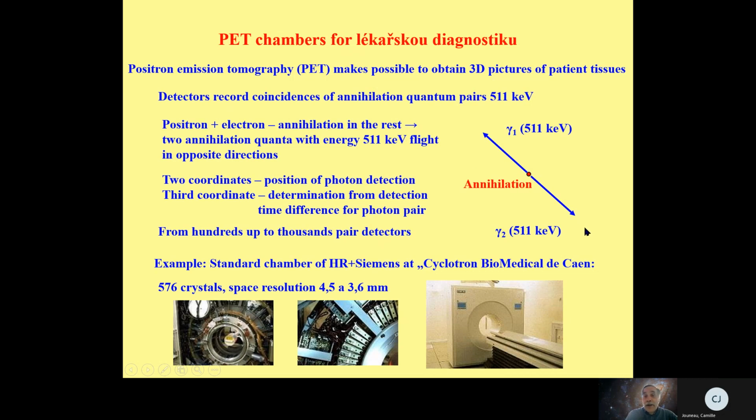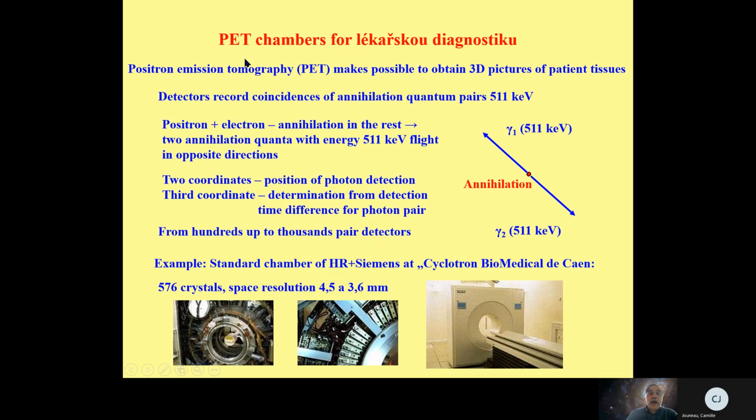Two coordinates are given by the position of these detected photons, and the third coordinate is determined by the time difference between detection of this and this photon. This time difference will be different if the source is here or if it is here.